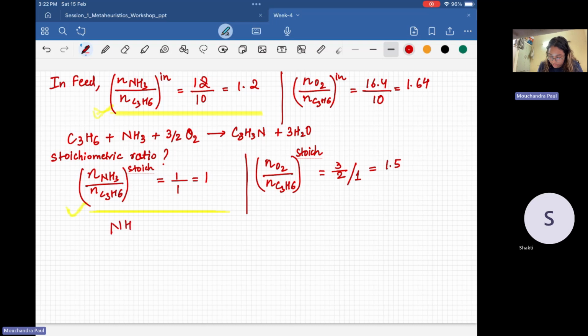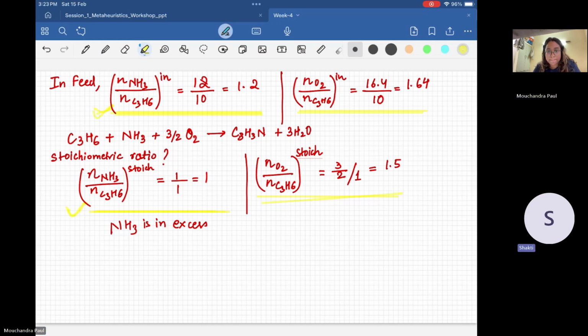So we can understand that ammonia is in excess in the feed, all right? Similarly, for the other two ratios that we got with respect to oxygen, which reactant is in excess, oxygen or propylene? Oxygen.